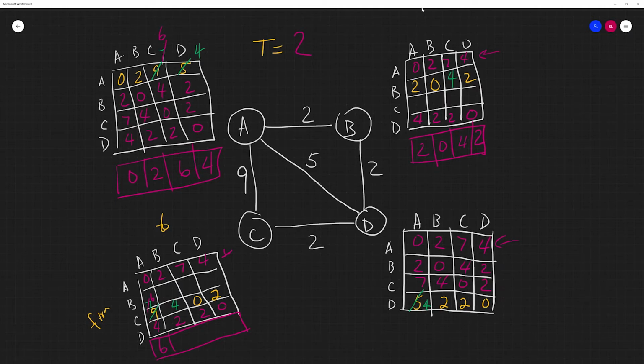And via A, it's going to cost me 2. But to get to A, it's going to cost me 6. So that's 8 already, way over. And then down here, we have 2, but to get to D, it's going to cost me 2. So that's 4. So it's the same.